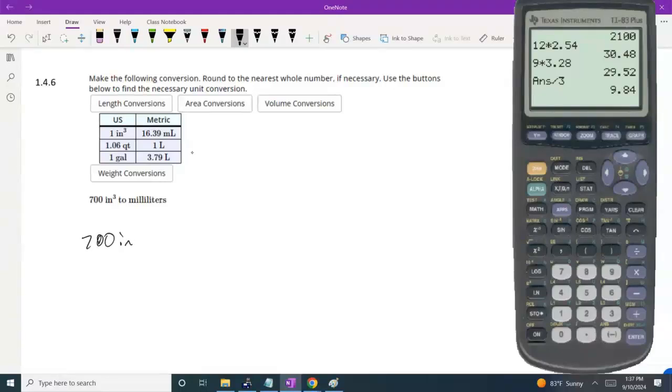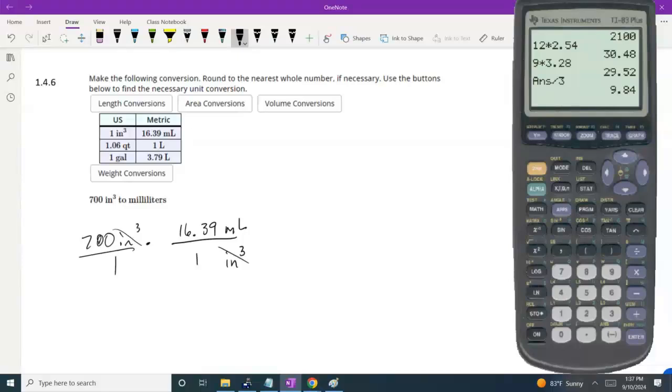So 700 cubic inches. And in my unit fraction, cubic inches goes in the denominator. Milliliter goes in the numerator. And if I write out the conversion, 1 cubic inch is 16.39 milliliters.